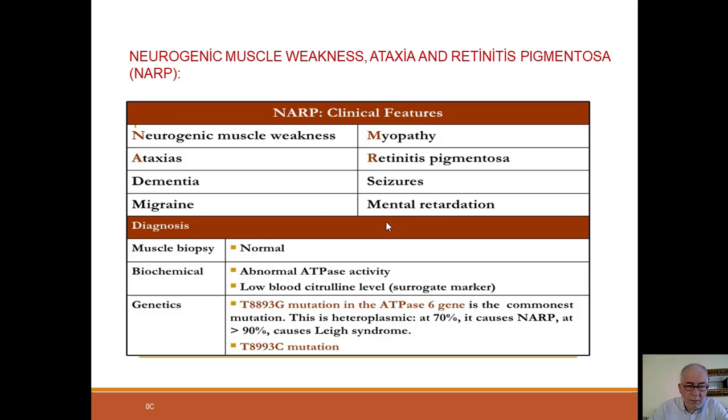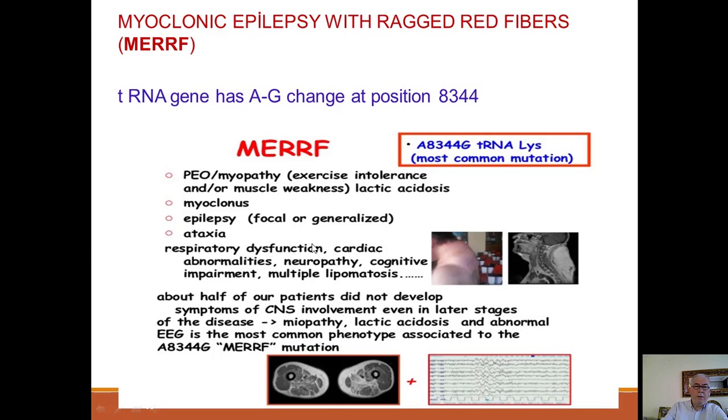And when we look at diagnosis, muscle biopsy can be normal, and we met some biochemical findings such as abnormal ATPase activity. And we know very well its problem is the ATP synthase gene, and we know where the mutation is, and also we can explain some genetic problems and mutation in this disease.